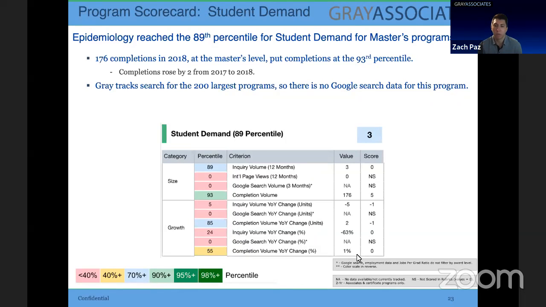There are going to be times where you get to niche programs or smaller programs where you really need to leverage and customize those searches. And so we'll show you in a couple of slides how we can customize searches for specific programs. In this case, epidemiology, which starting now we'll start tracking in our database. But we'll show you how we actually pull those keywords and some other ways to analyze that data.